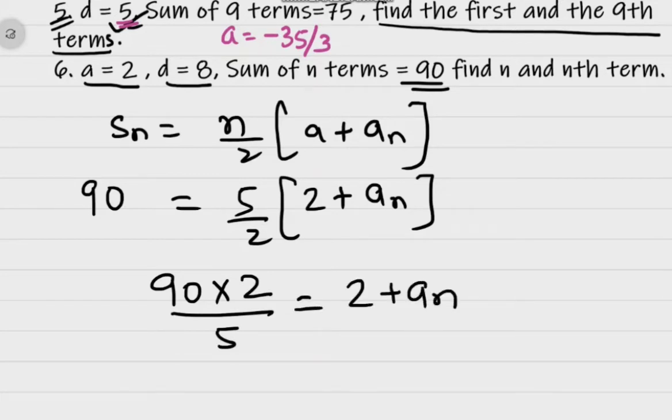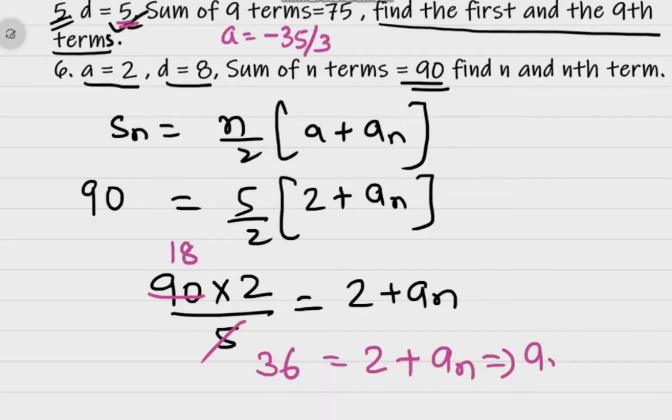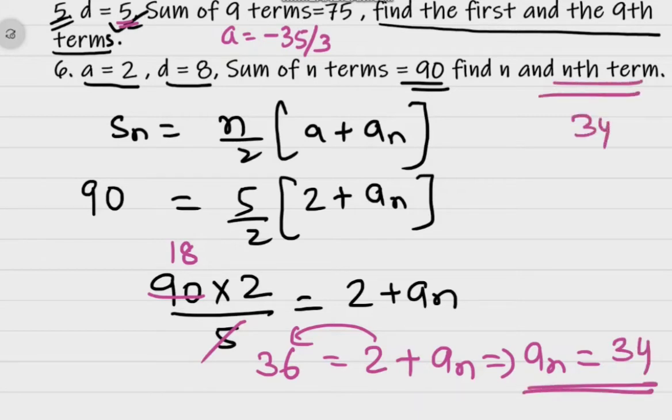If you cancel, 5 18s are 90. So here you will get 36 is equal to 2 plus last term. So your last term will be 36 minus 2, that will be equal to 34. So your nth term is 34.